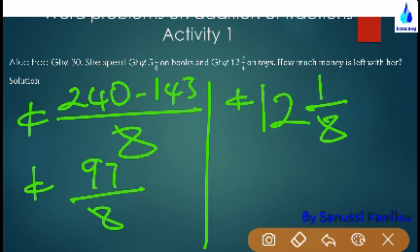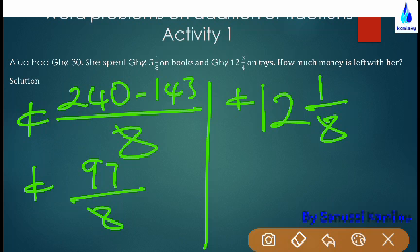So you can now answer the question. They say, how much money is left with her? So you say the money that is left with her is 12 whole number 1 over 8. Okay, then they will give you the full mark.